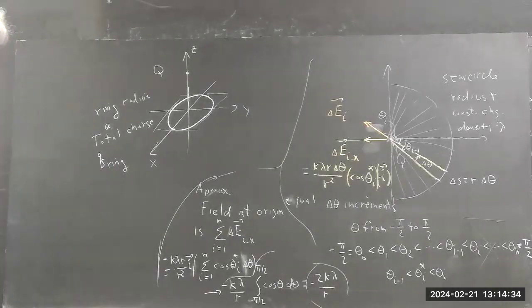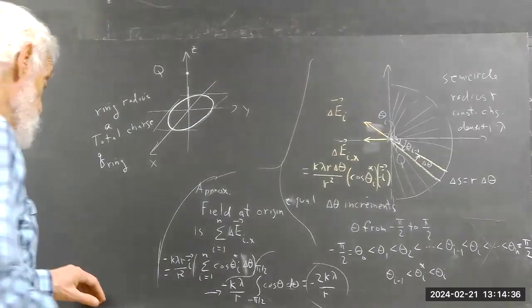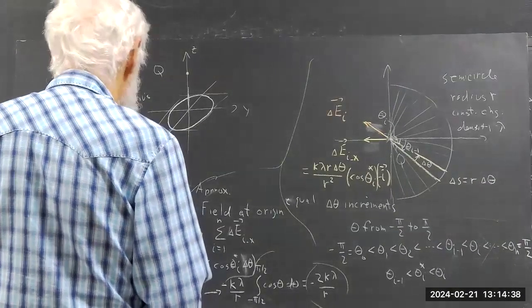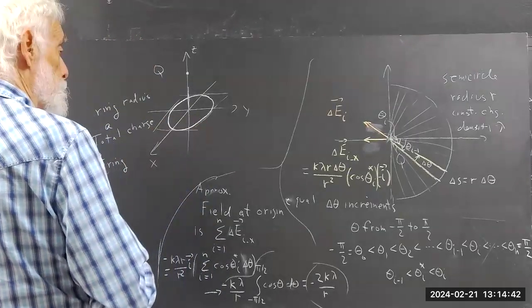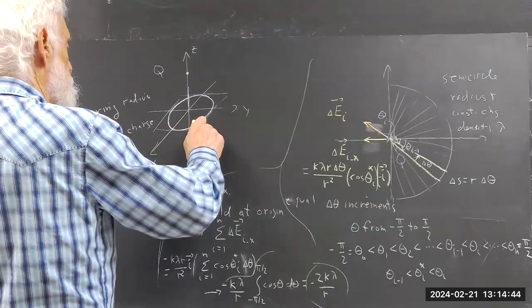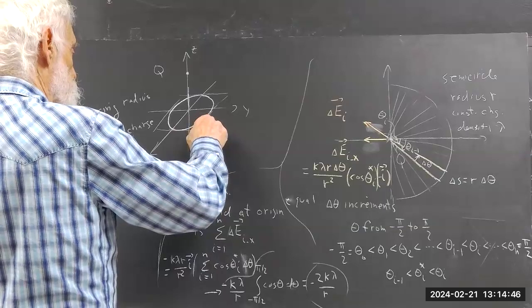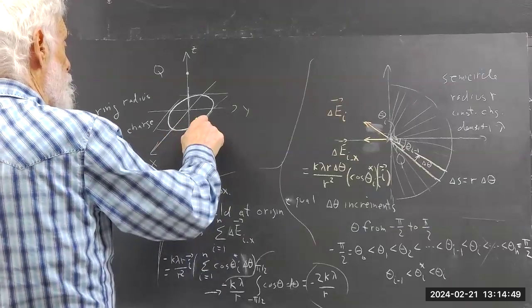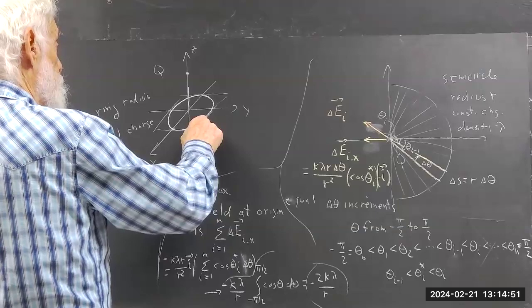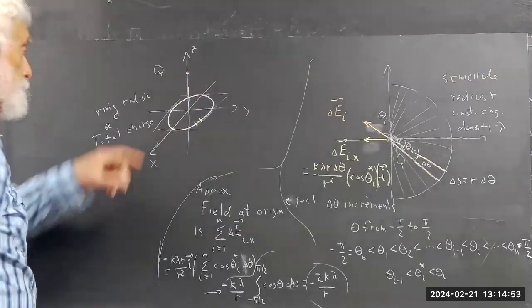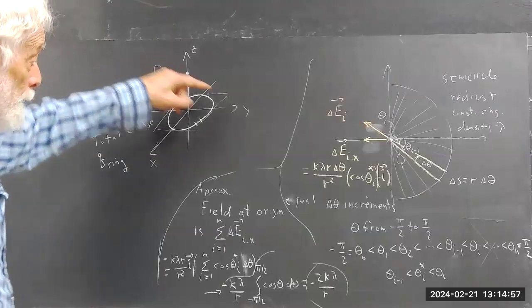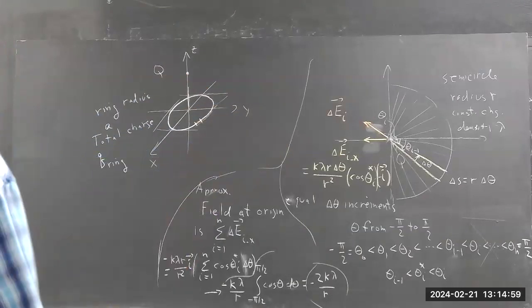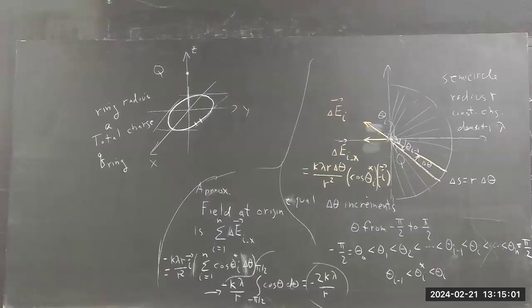Okay. Now I want to parameterize something so that I can talk about a specific increment of the ring and the effect of the charge on that increment to this point. So we've got a question, comment, or solution. I don't know. We'll see.